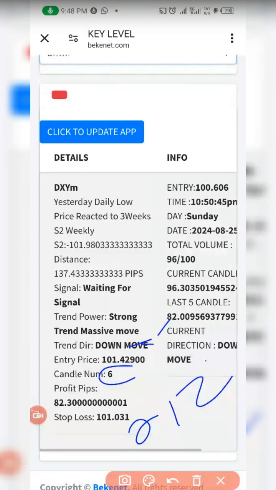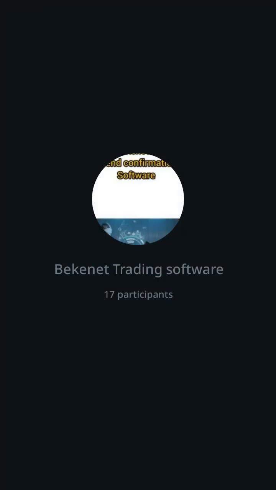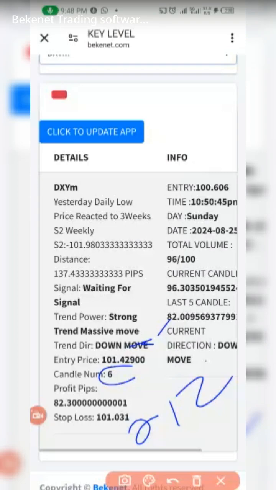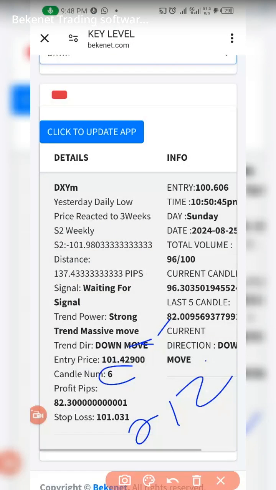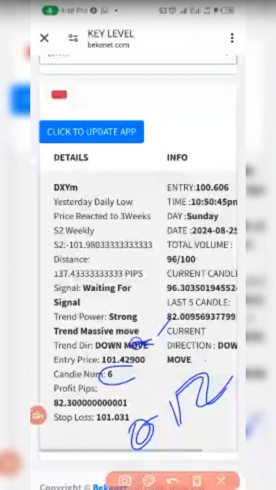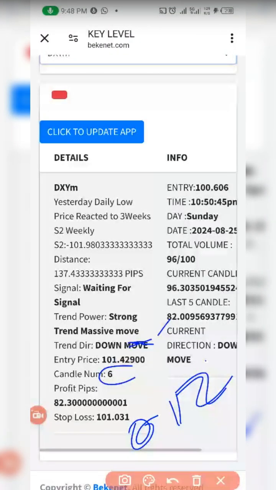Search for another opportunity. Any other thing it's showing you apart from what I just told you is not in the rules. The rule says that numbers of candles should be 0, 1, or 2, aligned with what the trend direction is saying. So if I see an up move, numbers of candle is 0, I can buy. Numbers of candle is 1, I can buy. Numbers of candle is 2, I can buy.